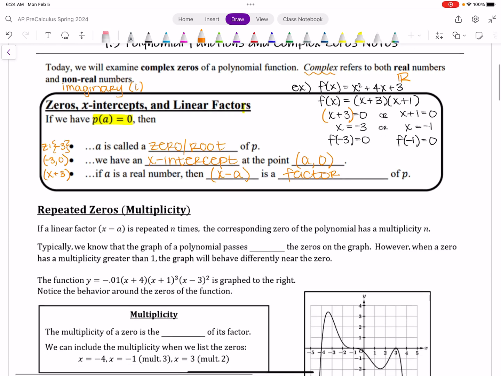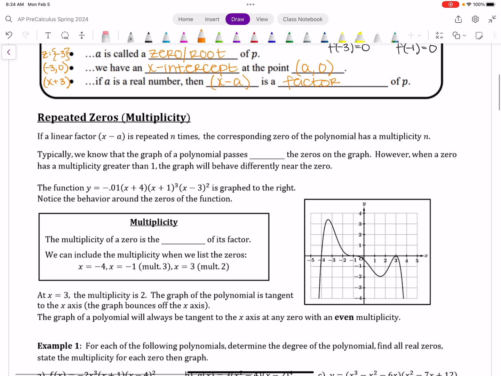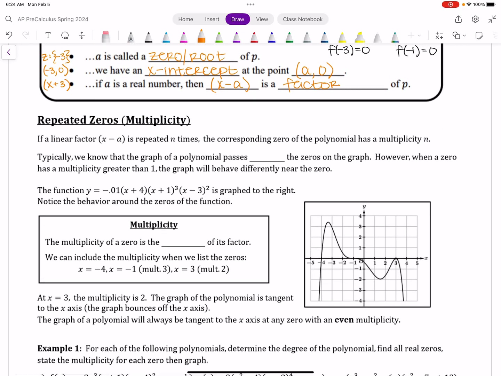And then if you recall from Algebra 2, we can have repeated zeros, which means zeros have multiplicity. And so if our factor is repeated n times, then the corresponding zero of the polynomial has a multiplicity of n. And so remember, we look at our exponent once our polynomial is completely factored, and that is where our n, or our multiplicity, is found.